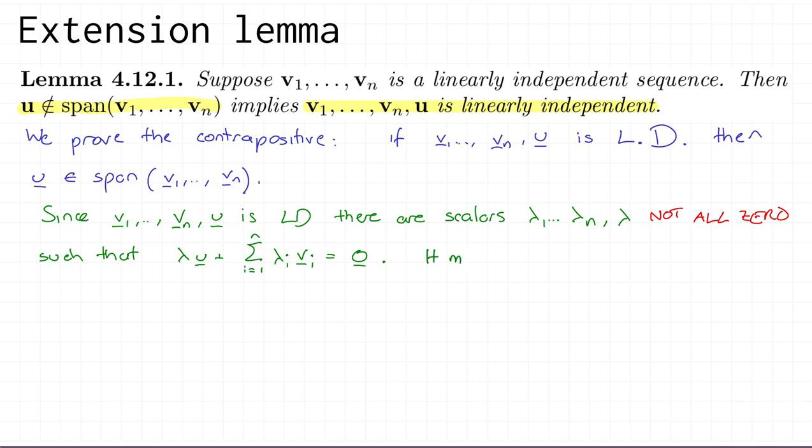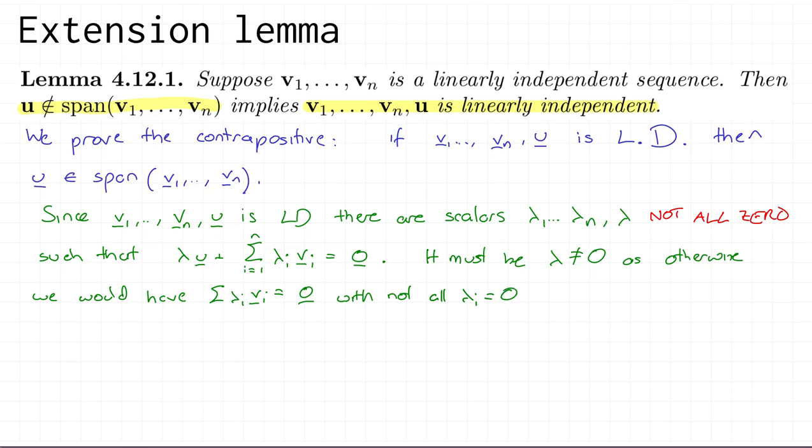It must be that lambda is not equal to 0, as otherwise we would have that the sum of lambda i Vi was equal to the zero vector with not all of the lambda i's equal to 0, and that would contradict the V's being linearly independent.